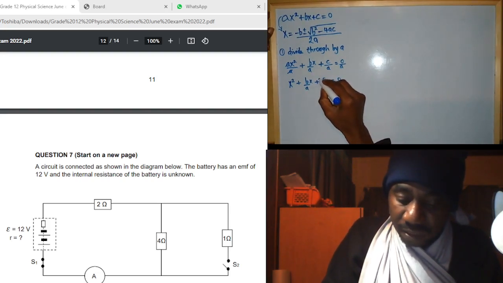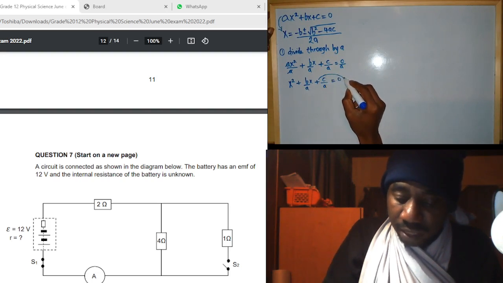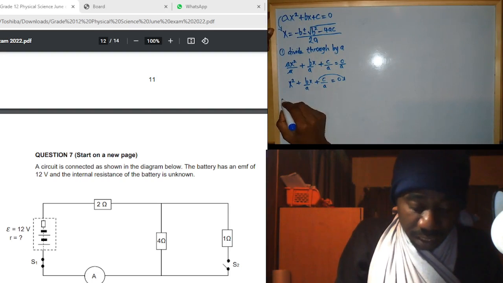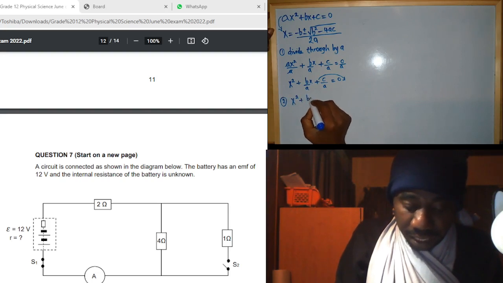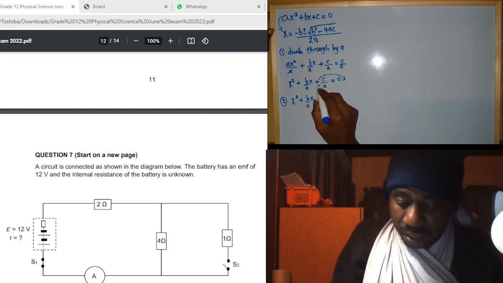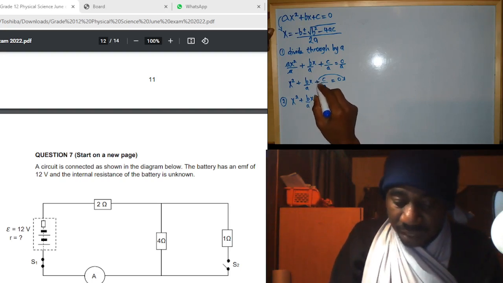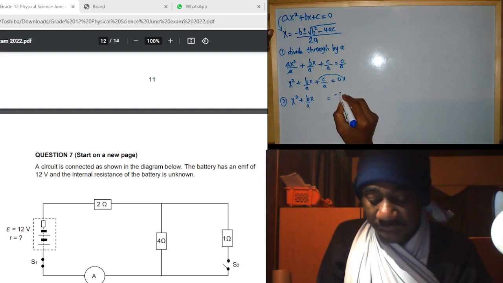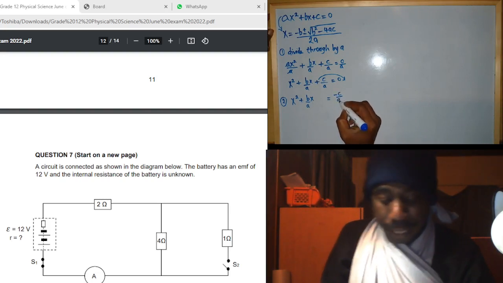So we can transfer this plus c over a to this side in the next step. So in the next step, step 2, we have x squared plus bx over a equals, by the time this plus c over a gets to the other side, it becomes negative c over a.